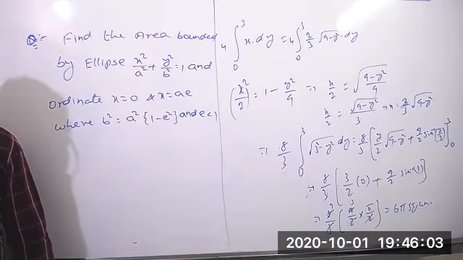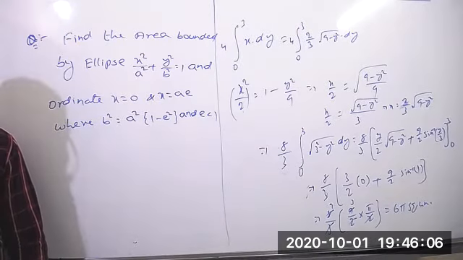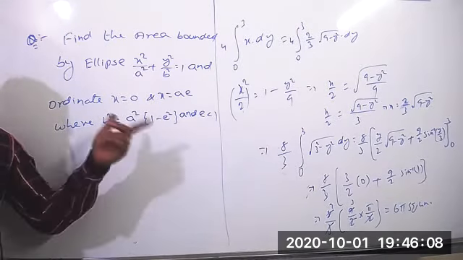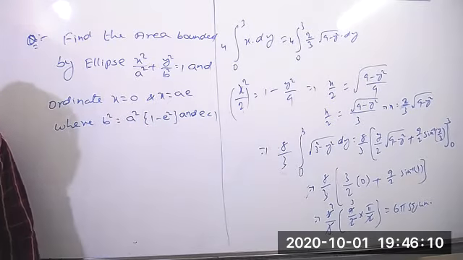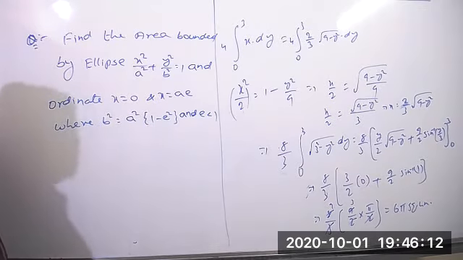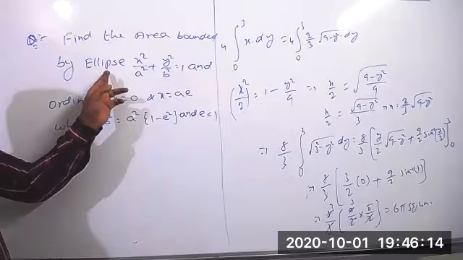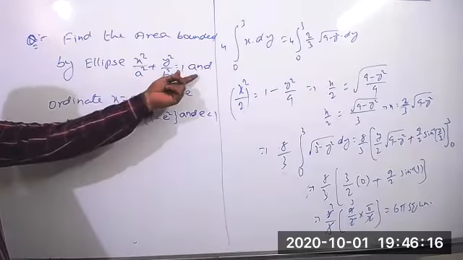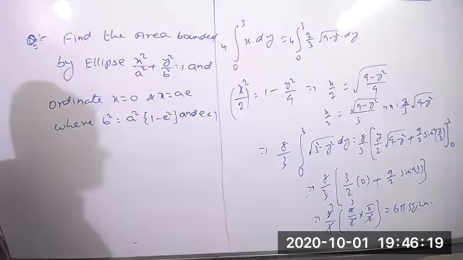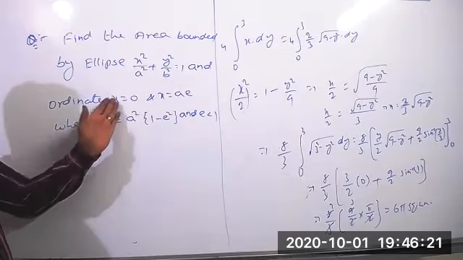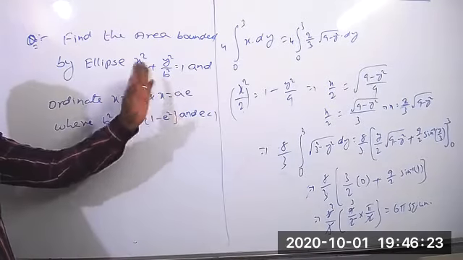But in this one, don't think it is the question we already did. The previous one is different, this is different. Here what they are asking is to find the area bounded by this ellipse and these two ordinates. That means x equal to 0 is one line and x equal to ae is the second line.